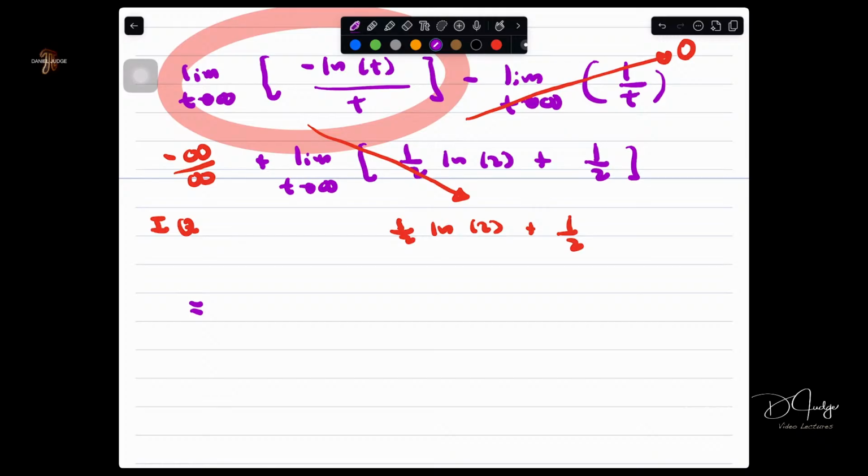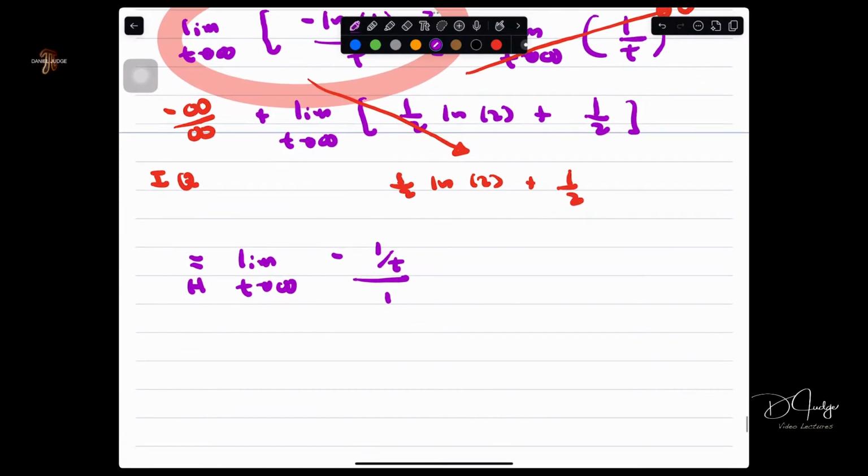So by L'Hopital's rule, now we get the limit as t goes to infinity of minus 1 over t over 1, which will be the limit as t goes to infinity of minus 1 over t, and then this goes to 0.